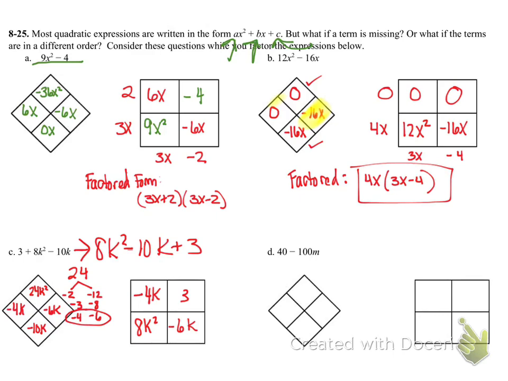Here we go. 1, 2k, 4k, and 3. Now, when I'm looking back at this, they're not multiplying incorrectly. So if I change this to a negative 1 and this to a negative 3, now my products do work. So my factored form of this guy is 2k minus 1 and 4k minus 3.